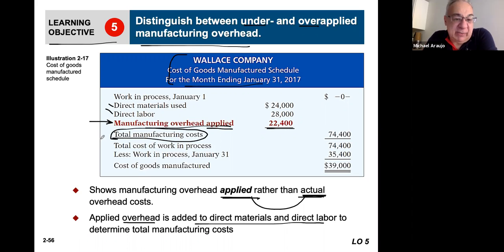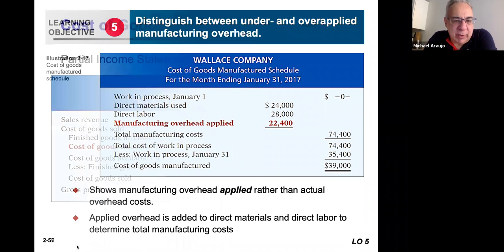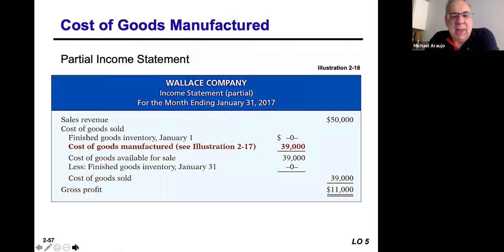Manufacturing overhead is a little bit different. And so we're really kind of looking at how did we do? Did we really estimate well, or were we off? Okay. Because that's ultimately going to be on our income statement. Cost of goods manufactured is part of our income statement, which means it's an expense.